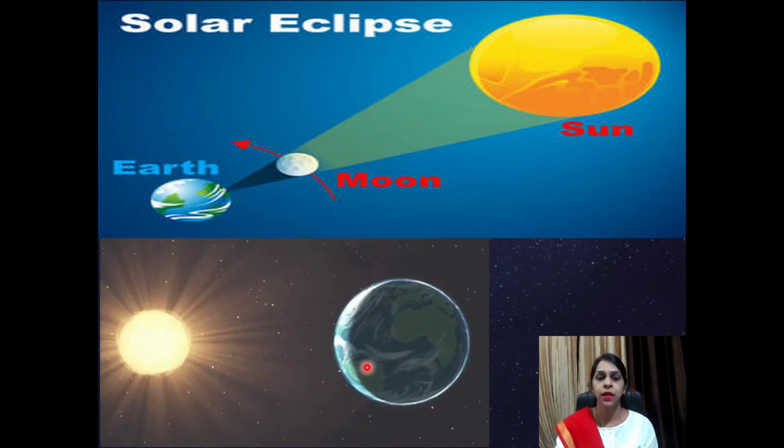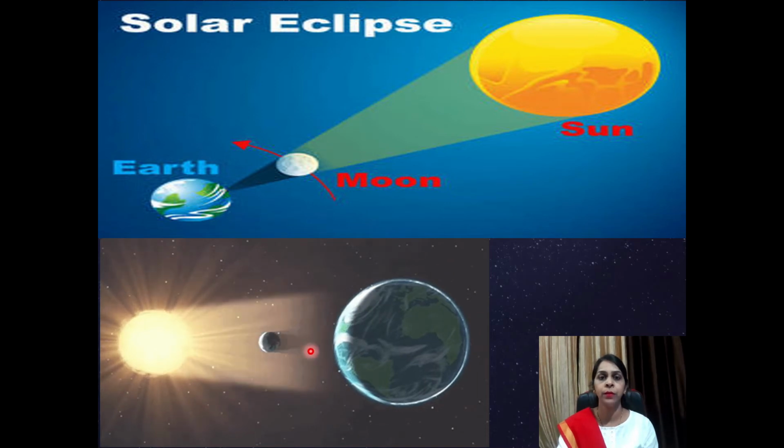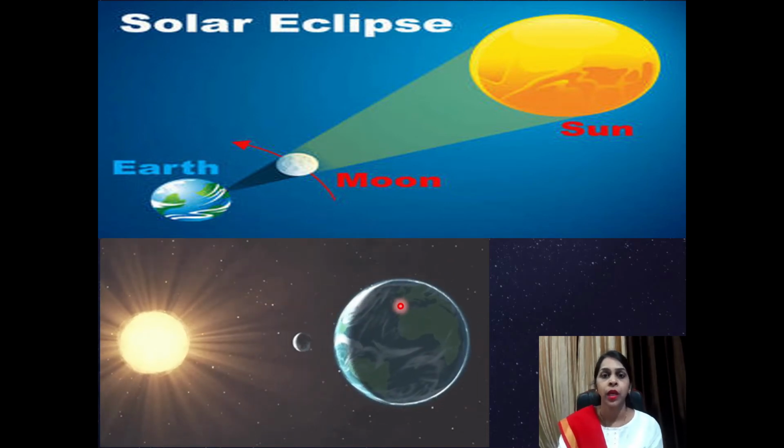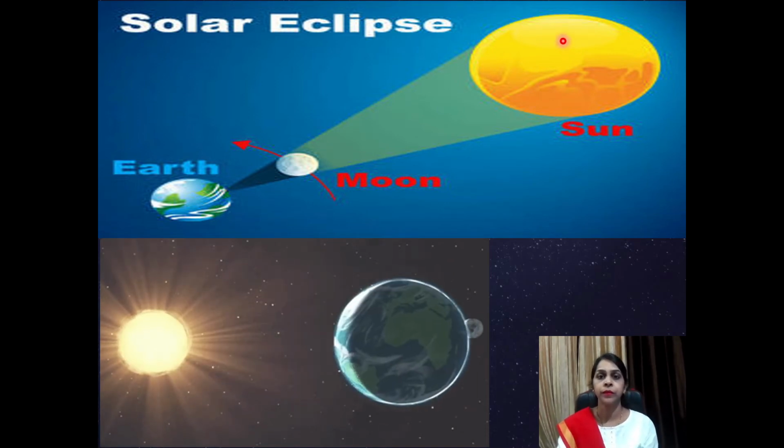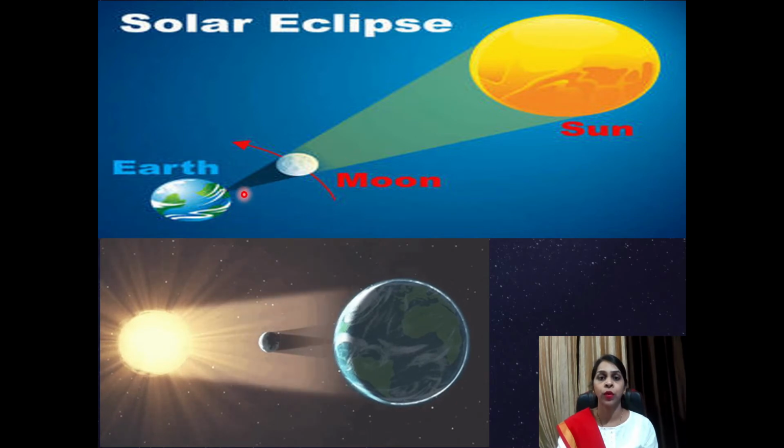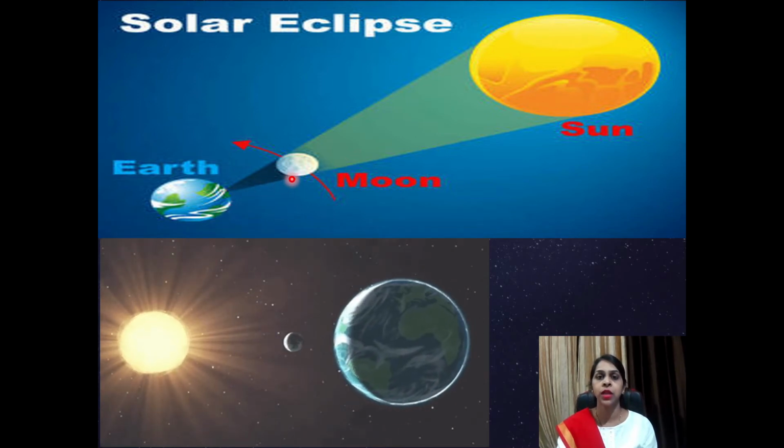Observe this animation very carefully. The second one. In the first image, we can see the shadow of the moon clearly. The shadow is very concentrated or focused on the earth.